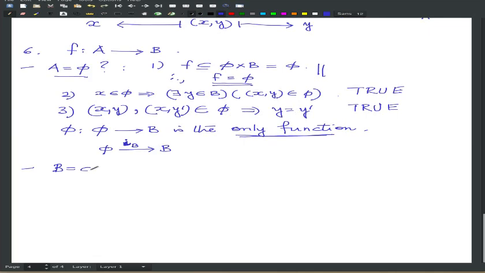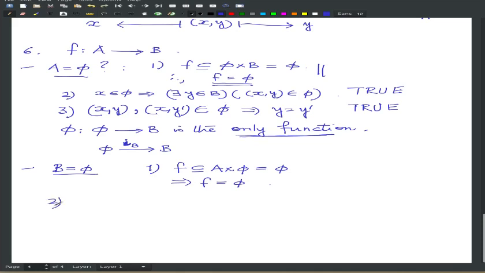Okay. Now let's take the other side. What happens when B is empty? So again, the same story. The first one says F is a subset of A cross the empty set, which is the empty set. So F is the empty set. Good.